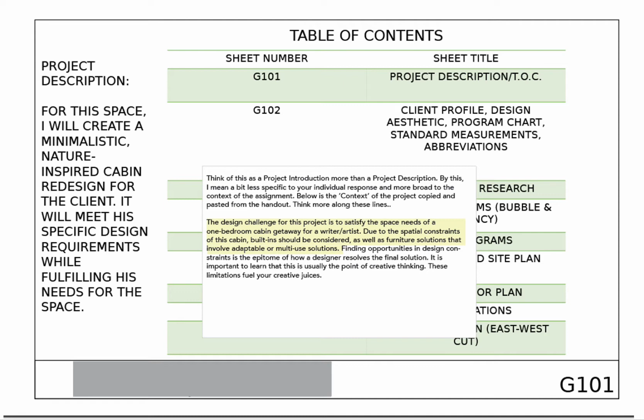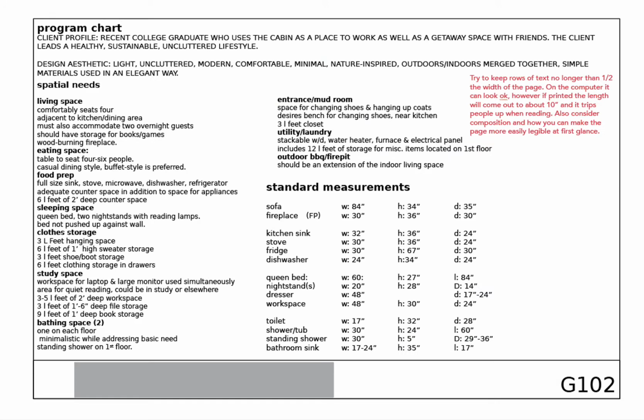And then the remainder of that paragraph is more or less writing for you for this assignment. So that highlighted version, you could put that into your own words for the project introduction. You could even suggest who the client is, even though there will be another client profile area, which leads me to this page. At the top, you see client profile and design aesthetic.